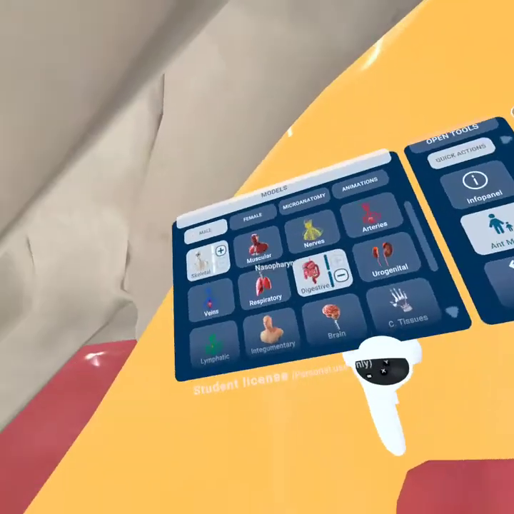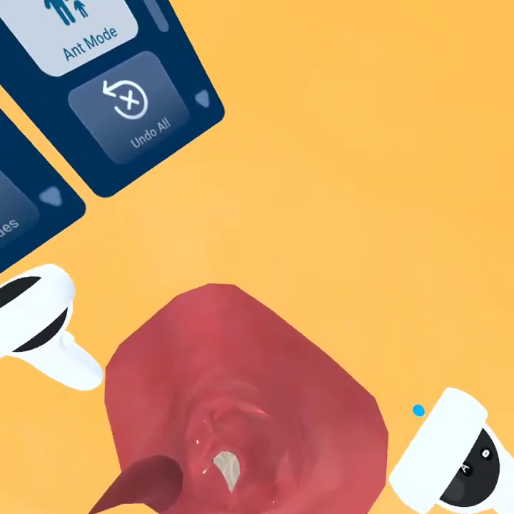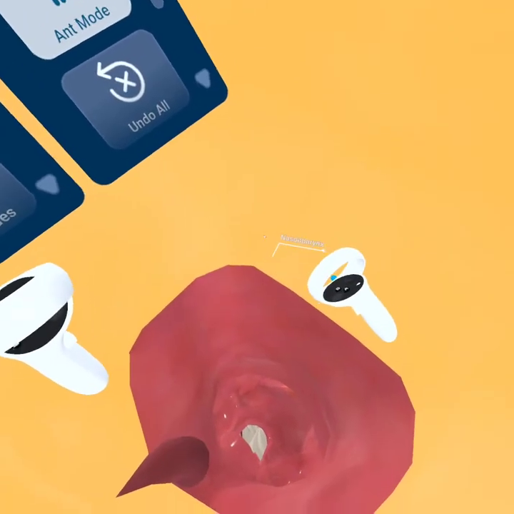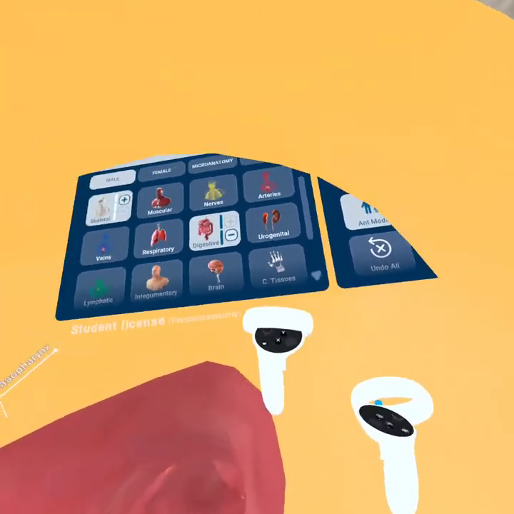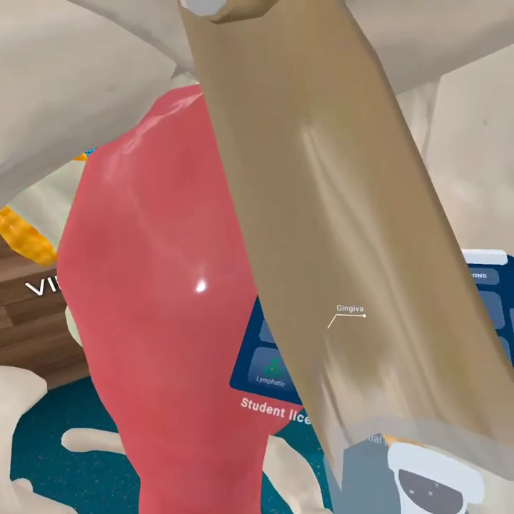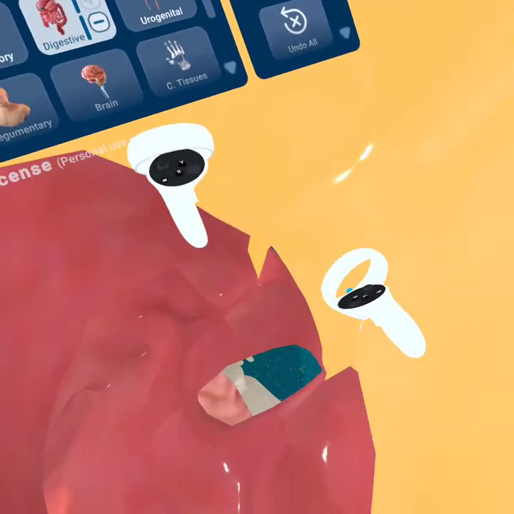Anyways, back into our nasopharynx. The last thing I wanted to point out about the nasopharynx is the bottom part.